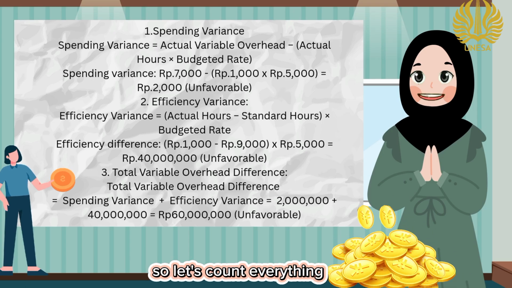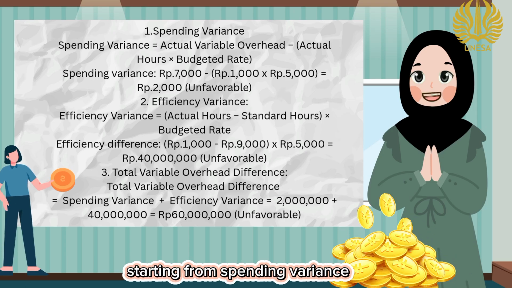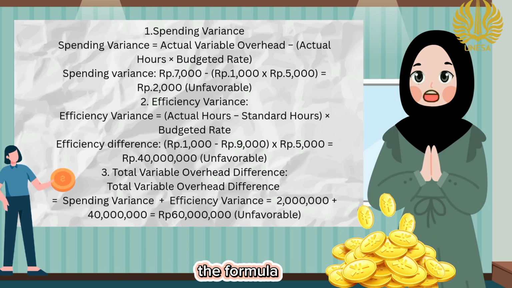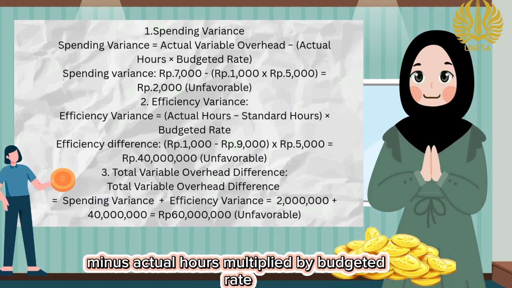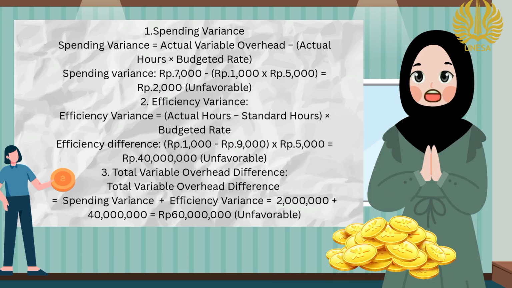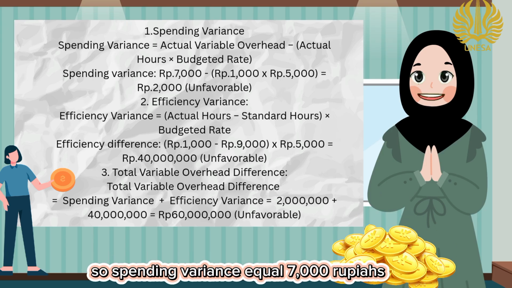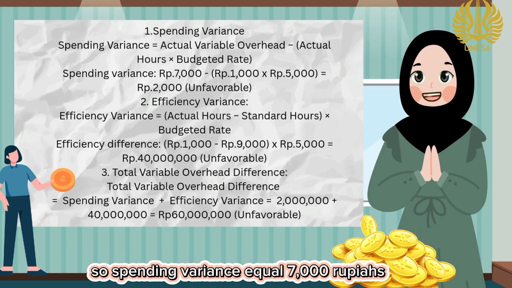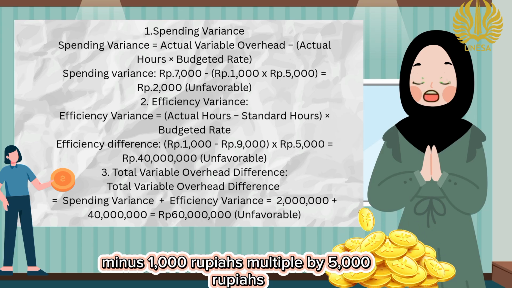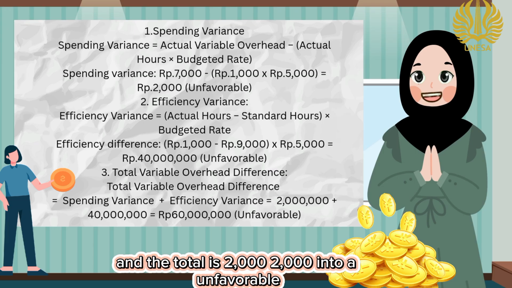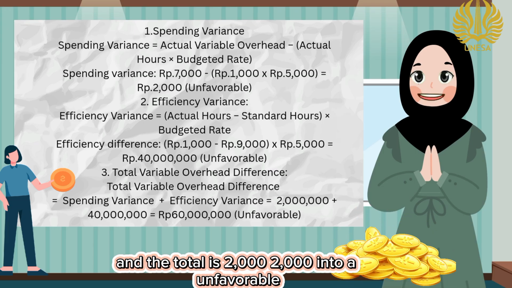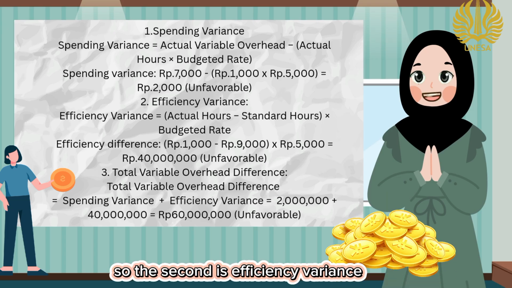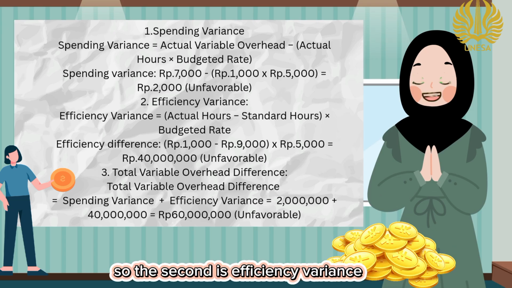Okay, so let's count everything starting from spending variance. The formula for spending variance is actual variable overhead minus actual hours multiplied by budgeted rate. So spending variance equals 7,000,000 rupiah minus 10,000 multiplied by 5,000 rupiah, and the total is 2,000,000 unfavorable. The second is efficiency variance.